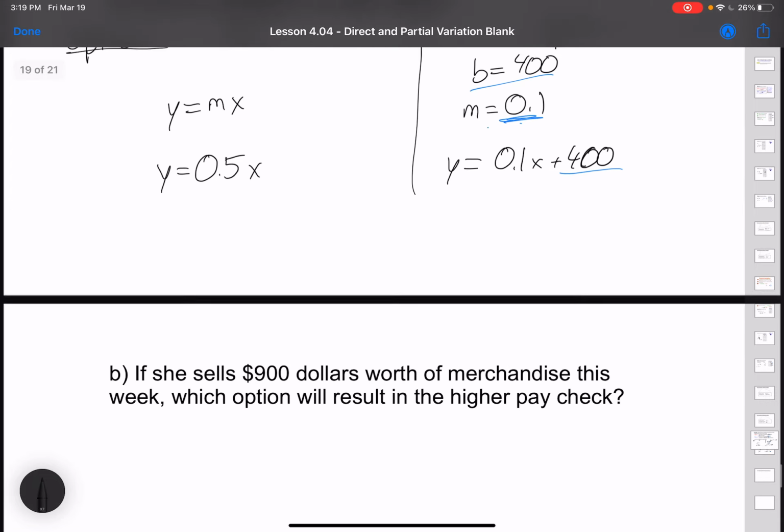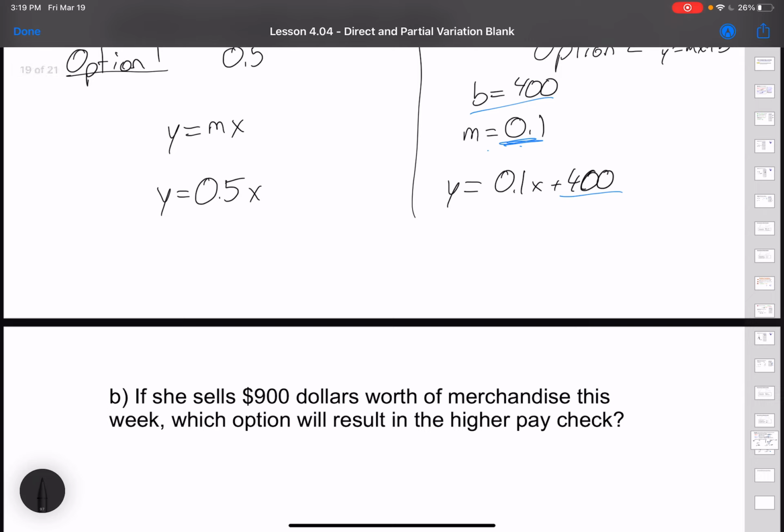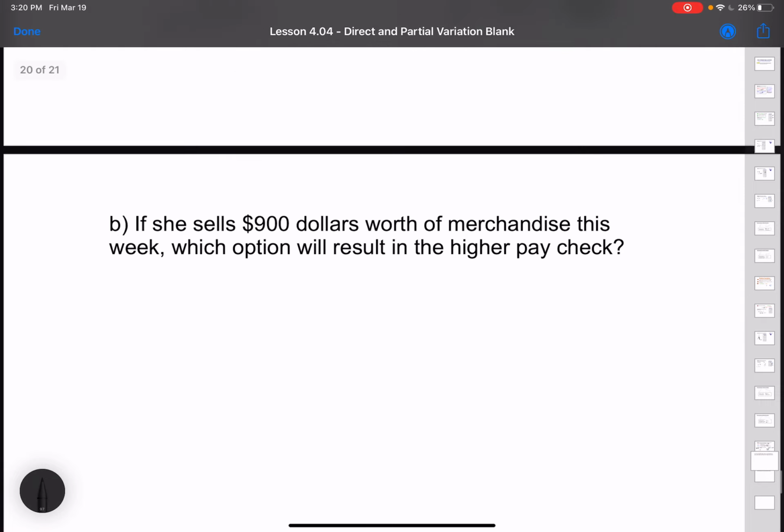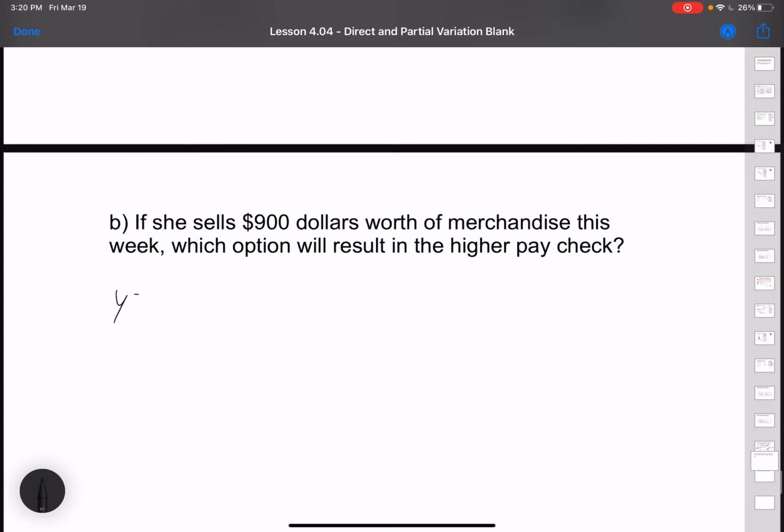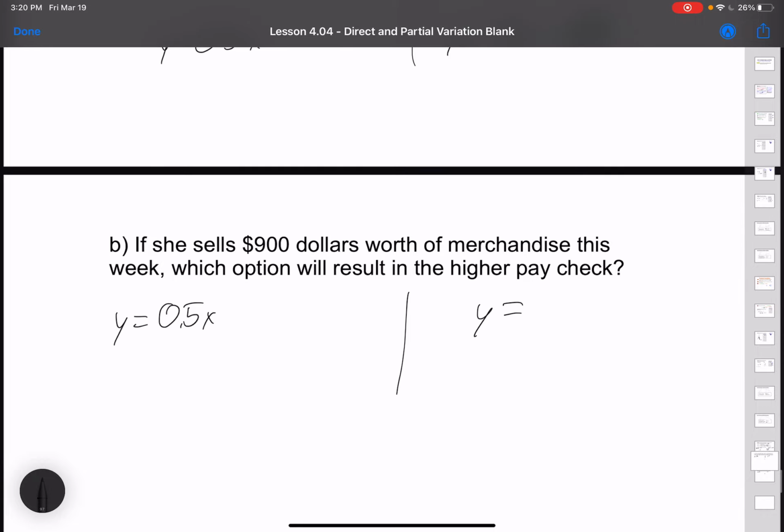Okay, so now let's look at part 2. So if she sells $900, which of the two options is the best? So let me just rewrite the two equations. So we had y equals 0.5x and y equals 0.1x plus 400.